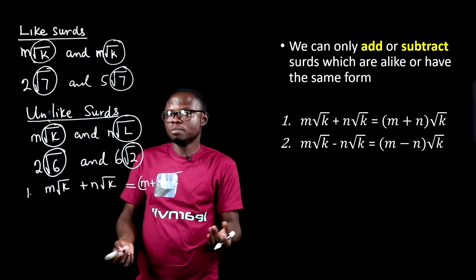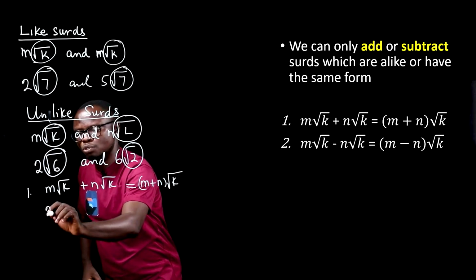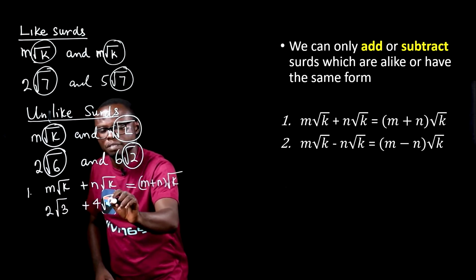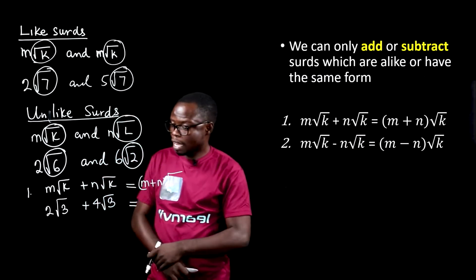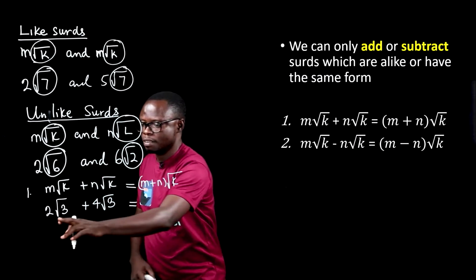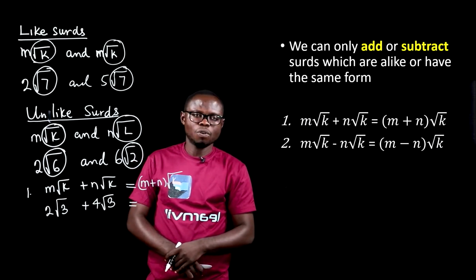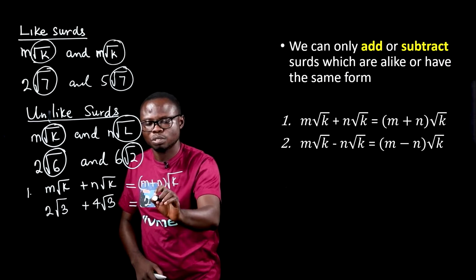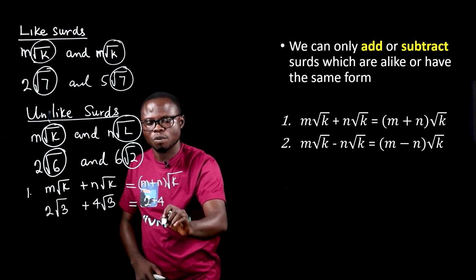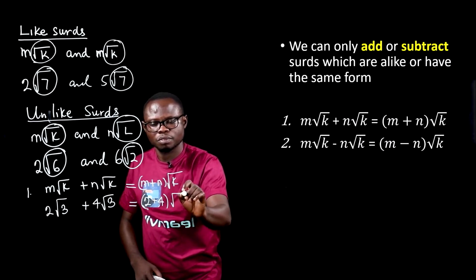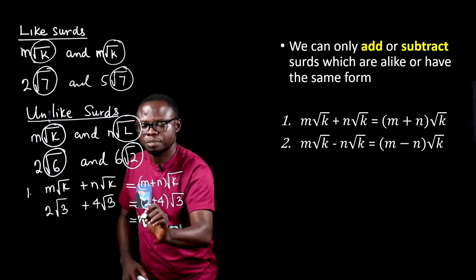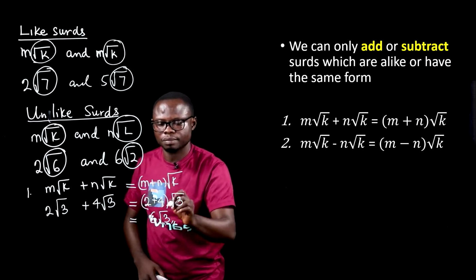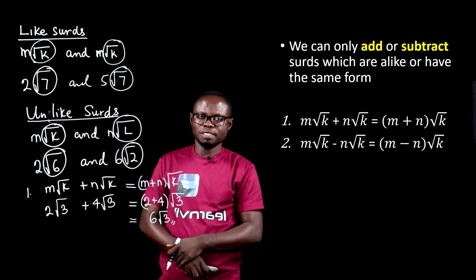For example, if I have 2 root 3 plus 4 root 3, are they like surds? Yes. Root 3, root 3. Therefore, I can add them. That becomes 2 plus 4 root 3. And how many root 3s are we getting? We are getting 6 root 3. That was much easier.